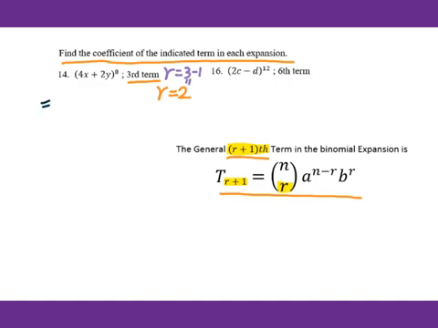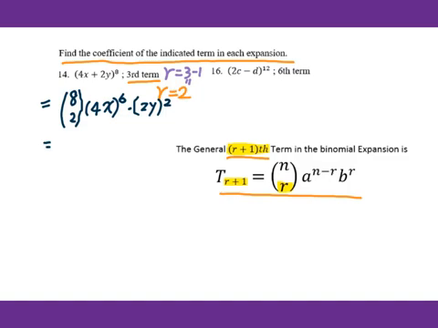Therefore, you will get 8 choose 2, 4x, you do 8 minus 2 is 6 power times 2y to the 2nd power.